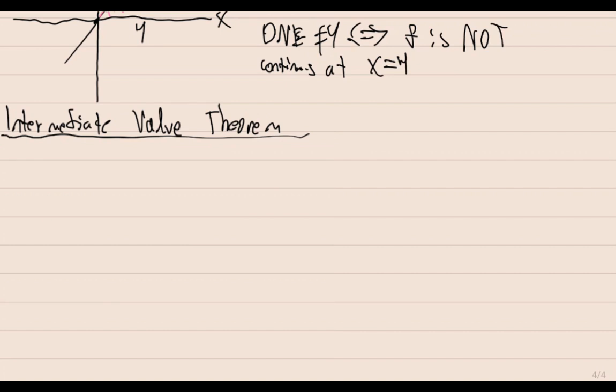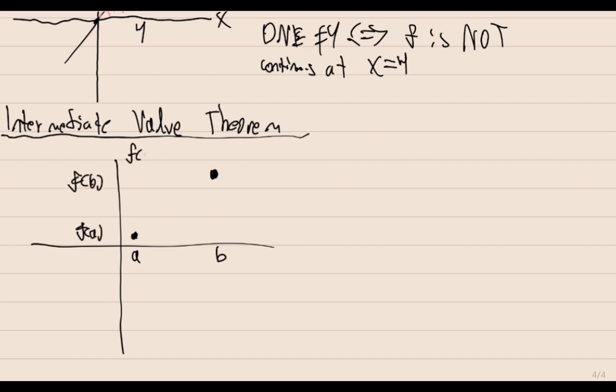I'm not going to write it out formally because I kind of forgot how to, but it basically tells you if you have 2 points on some interval a to b, and this is f of a, this is f of b, this is f of x, this is x, and it's continuous, which means they're connected without raising your pen or pencil.